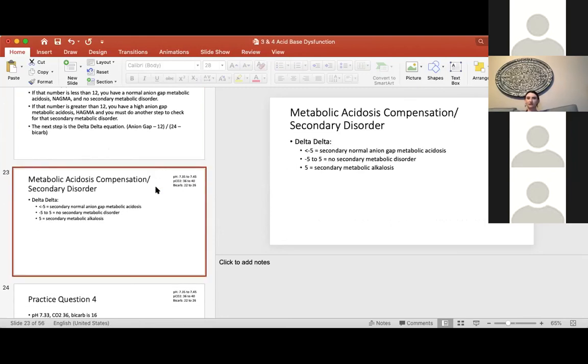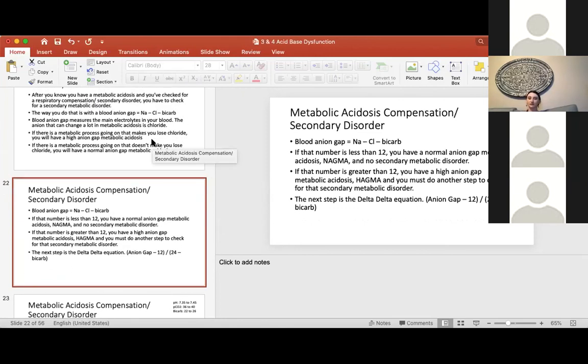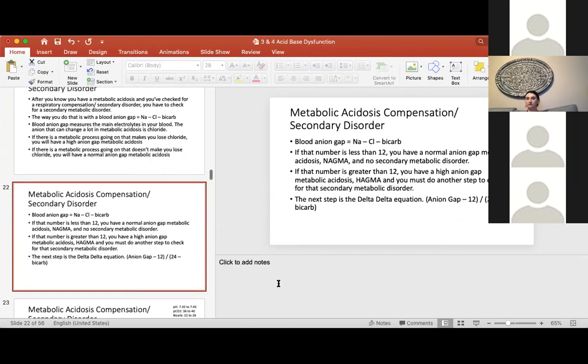Okay, it kind of gets a little confusing, but we can do this. So if our sodium, let's say, is 128, and our chloride is 98, and our bicarb is 20.